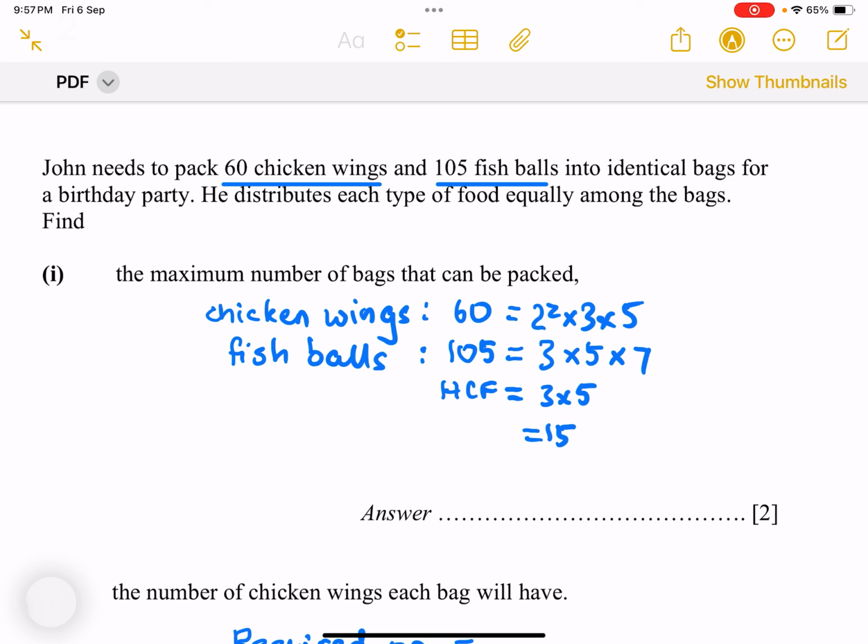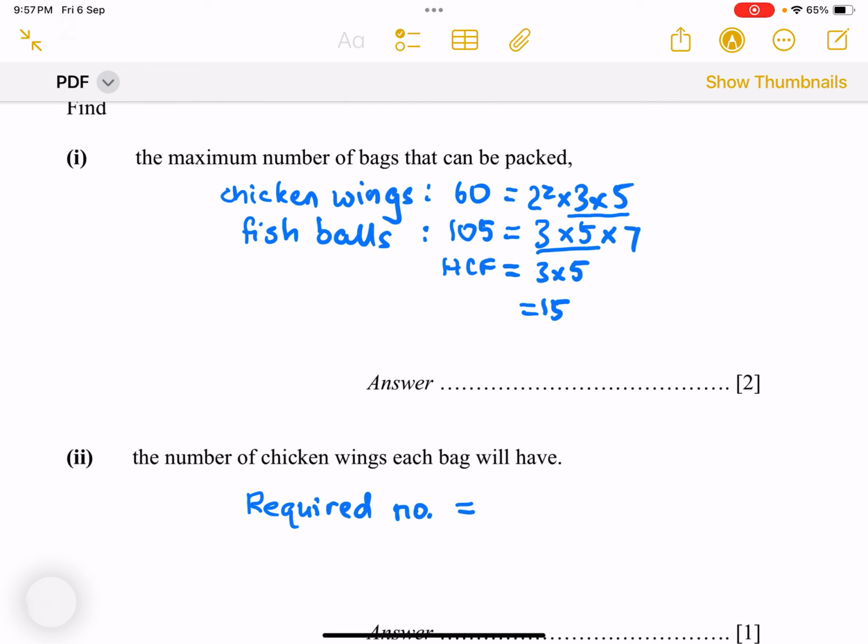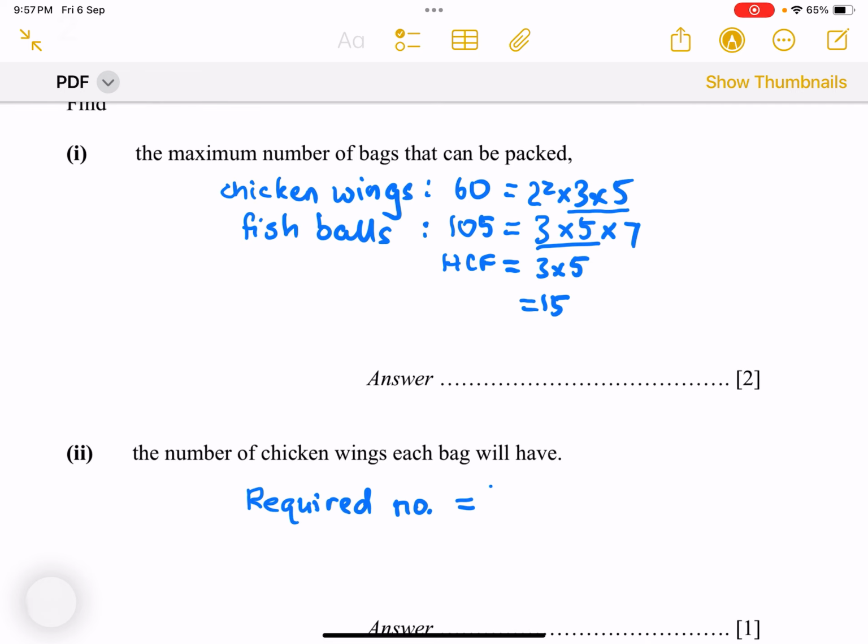That means we have 15 packets that can be packed. The number of chicken wings in each bag, divided by the 15 packets, will be 4 wings in each bag.